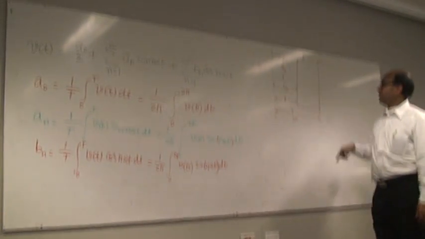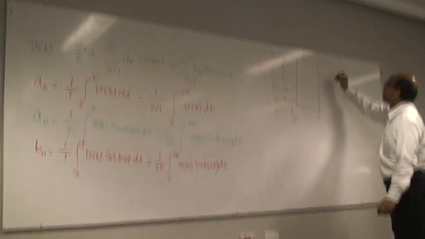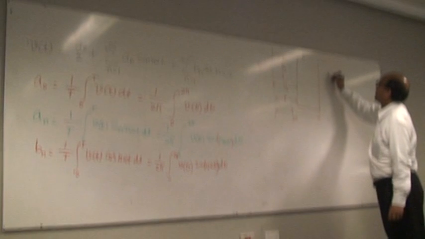Is 0, isn't it? Because this is a symmetric waveform along the x-axis, I've got positive and negative exactly the same, so it averages out and you don't get any A0. Out of An and Bn, I will not be doing all An, I will be doing A1 or B1. Which one do you think will appear? Bn will appear because this is a sinusoidal curve, isn't it? An will be 0. So let us do only B1.